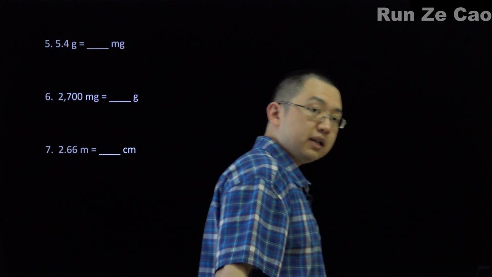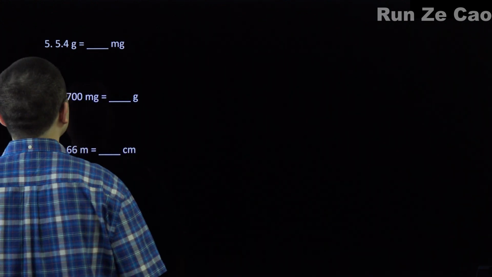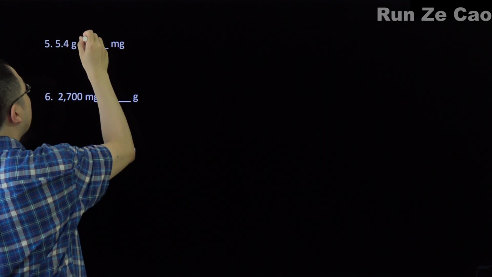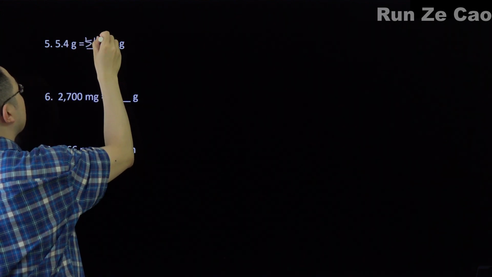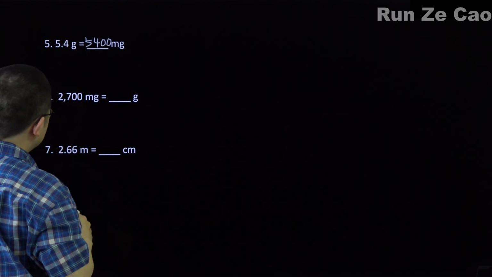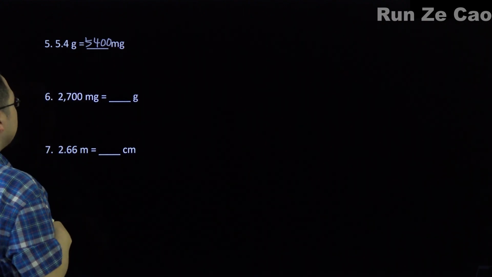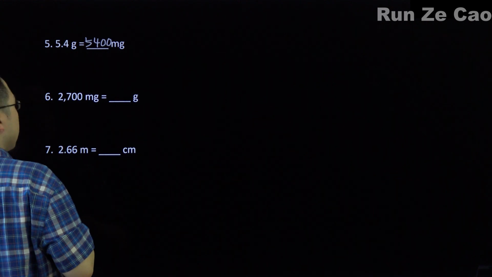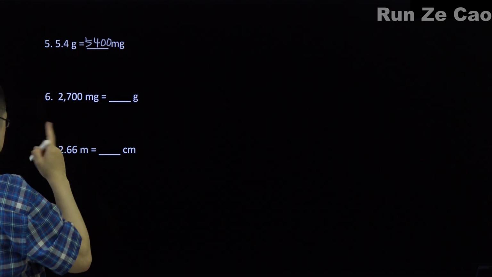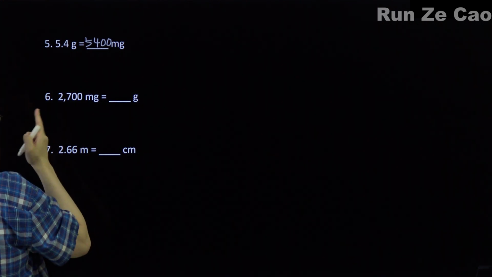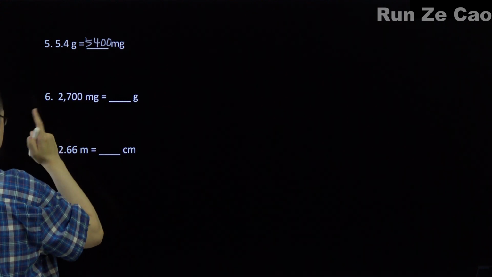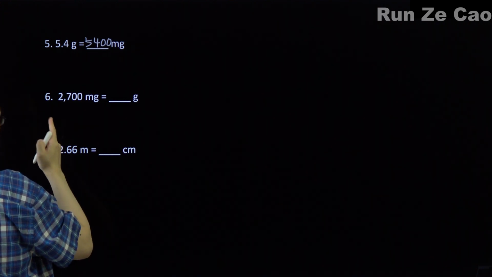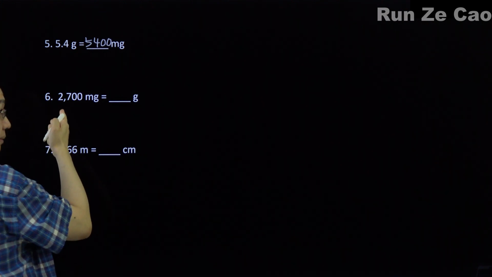5.4 grams is how many milligrams? Well, 1 gram is 1,000 milligrams, so we multiply by 1,000 to get 5,400. 2,700 milligrams is equal to how many grams? Be warned that in some places, the comma is used as the separator for decimals, not the period.